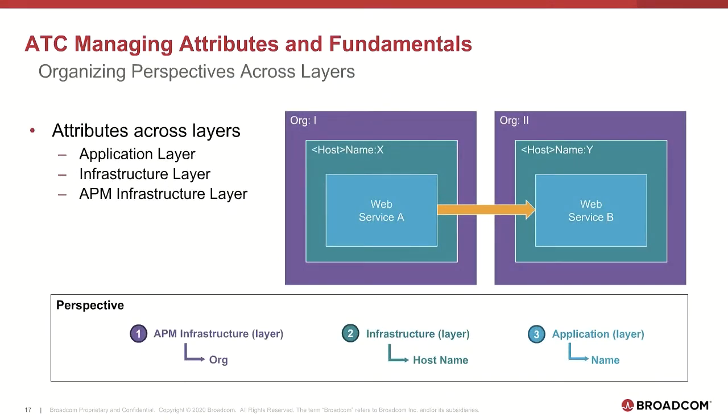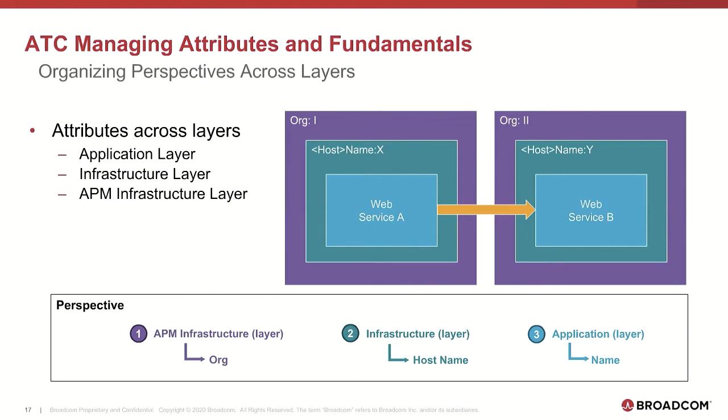So in this perspective, as you can see on the bottom, I first organized the APM infrastructure layer, for which I use the attribute org. Second, I use on the infrastructure layer the host name, and last the application name.